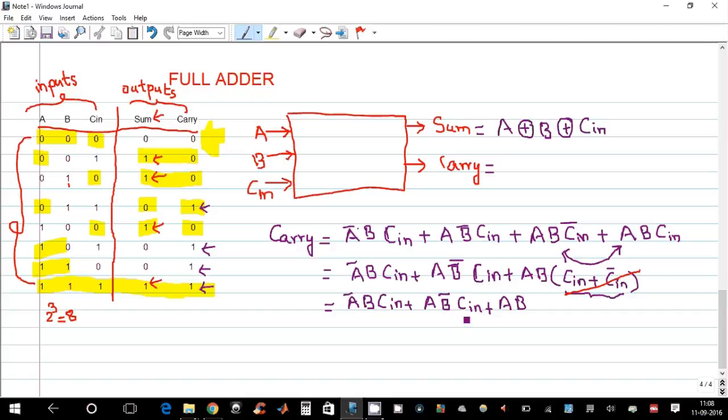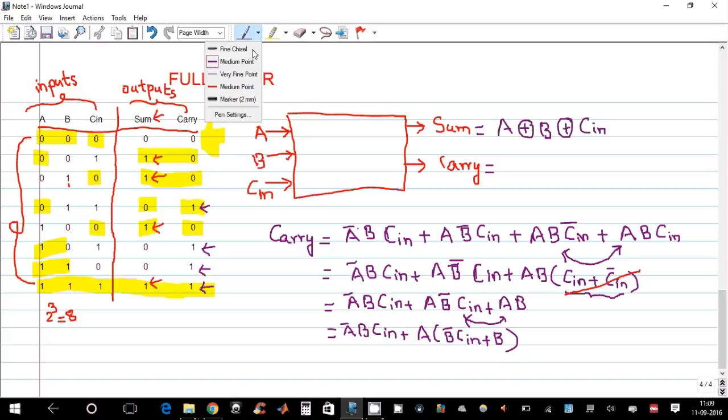Now from this we will take A as common, so this will result in A bar B C in plus, if you take A as common, B bar C in plus B. Now again this is one more optimization.